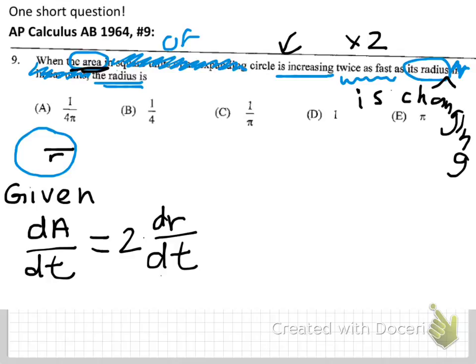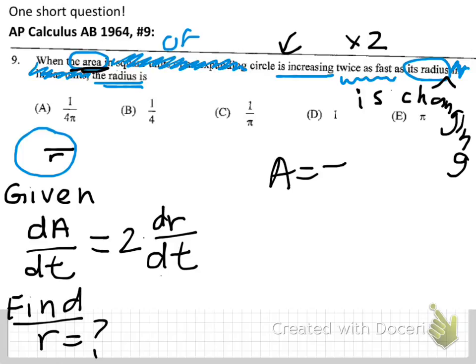So that's what I'm given, and obviously what I have to find is that last part right there, which is the radius is. Oh, so I just want to find r. What is r? Right? Now, if I'm talking about the area of a circle, then we know that the equation is going to be A equals pi r squared. Some of you have asked me before how you know which equation to write.